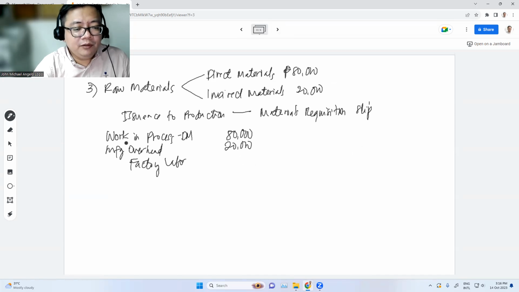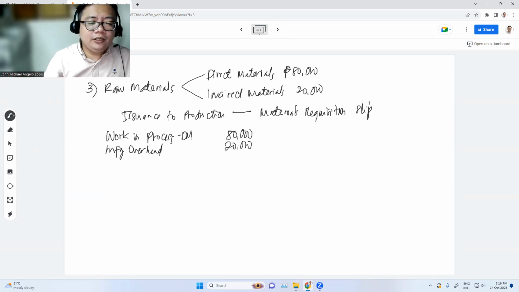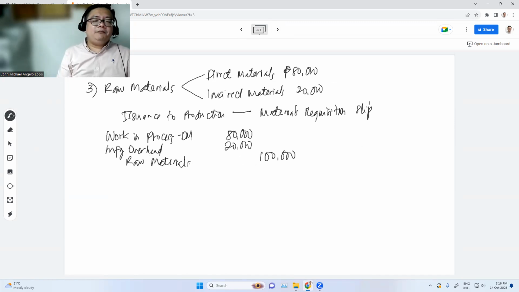Sorry, it should not be factory labor, it should be raw materials, because we are not yet on labor. So the raw materials here are worth 100,000.